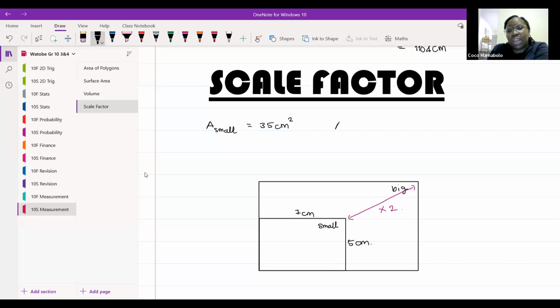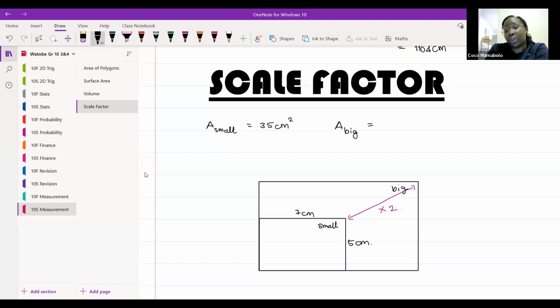What is the area of my big rectangle going to be then? Okay, I'm getting conflicting answers, but most of you are saying 140.